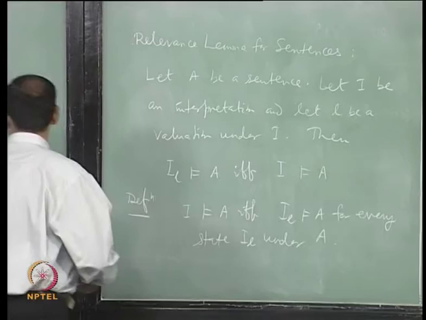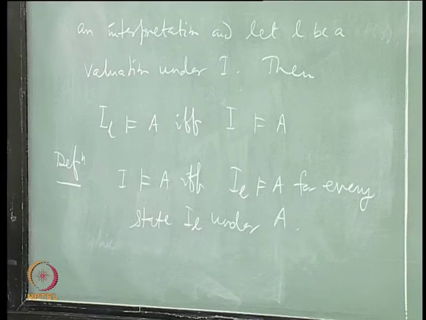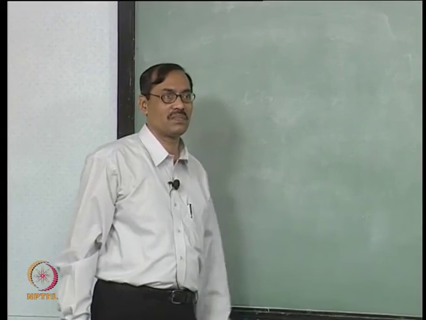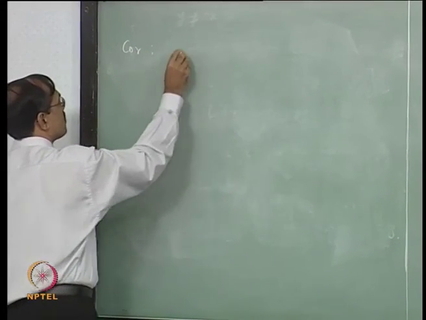There is a nice corollary of this again. You can see that if you take any interpretation of a sentence, either the interpretation satisfies it or the interpretation satisfies its negation. It should be clear from this now. So, as a corollary, we will have this.